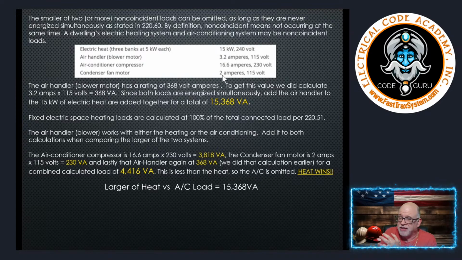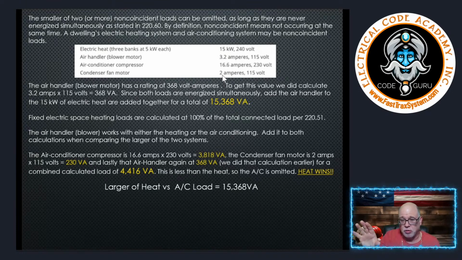So while we're doing this neutral contribution, I might as well write it down while I'm here. So all I'm going to do is take that 230 VA that was for the condensing fan, and I'm going to take that 368, which is for the air handler, and that is going to be 598. That is my neutral contribution for all of the heating and air conditioning applications.